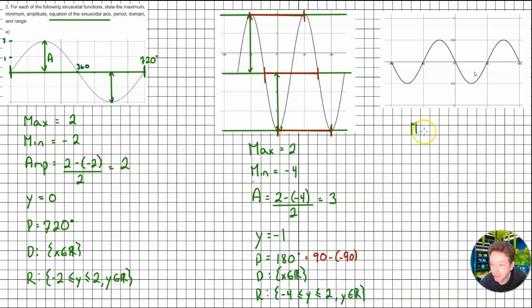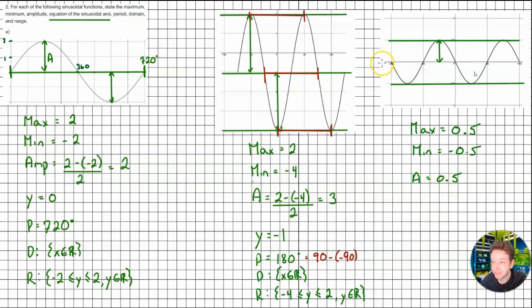So our max value for this one is right here at 0.5. Our min value is at -0.5. And so our amplitude, from here to here, is 0.5.